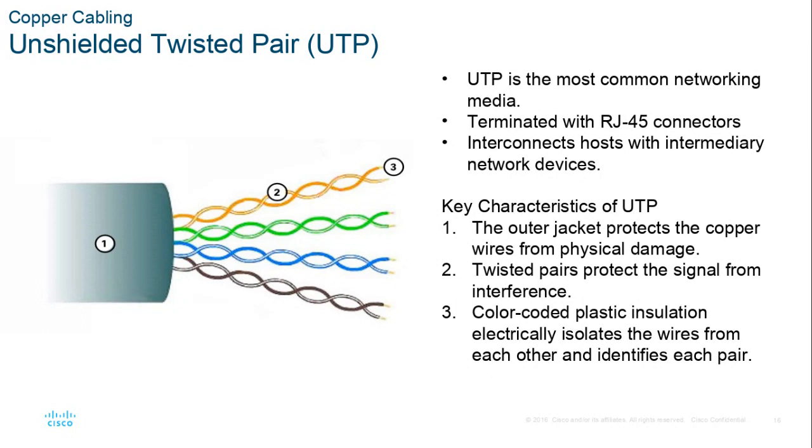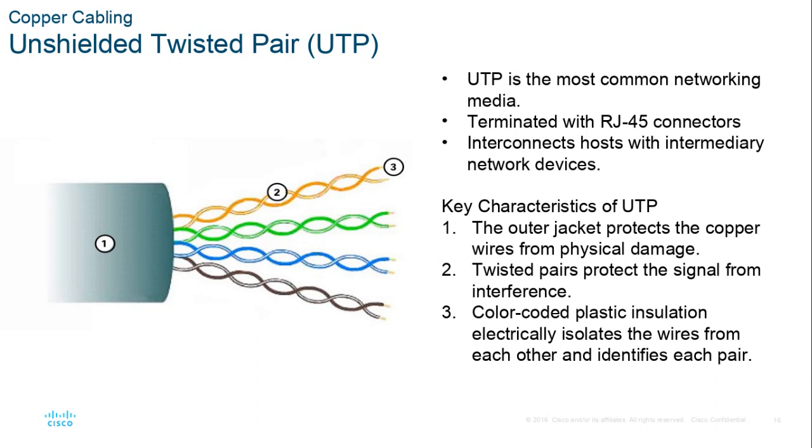The outer jacket, number 1 on the diagram, is a plastic jacket. It protects the inside wires from being bent or damaged. There's a fire code issue. There are a couple of types of jackets. PVC, polyvinyl chloride jackets, are the cheaper ones.